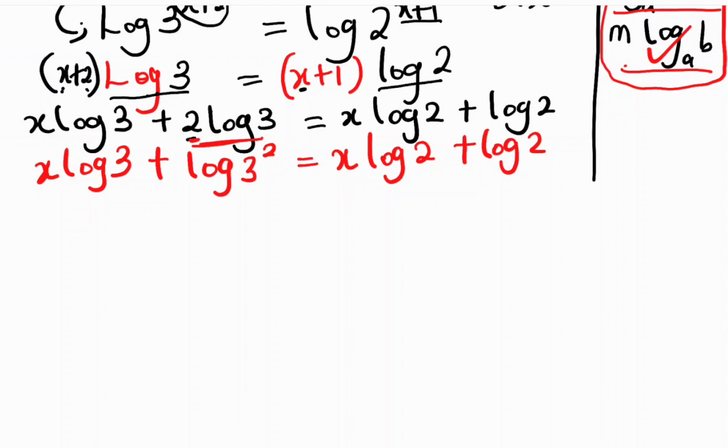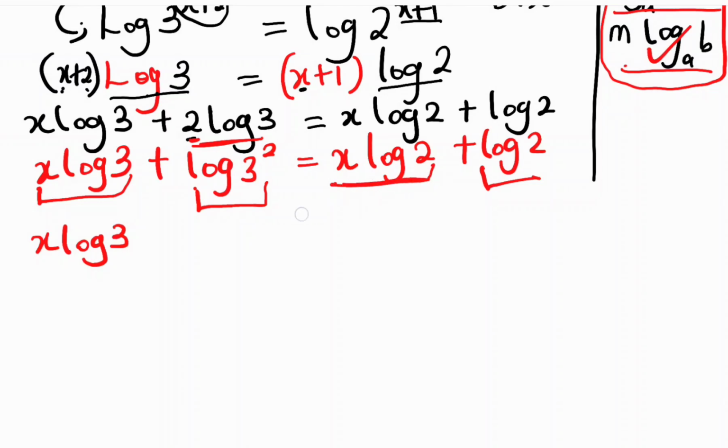So we have to collect like terms, bringing the terms that have x together and taking the terms that don't have x to the other side of the equation. So to do that, we now have x log 3, then we are bringing x log 2 to the other side, so it crosses the equality sign and gets a minus: x log 3 minus x log 2 is equal to what is left on this side of the equation, which is log 2.